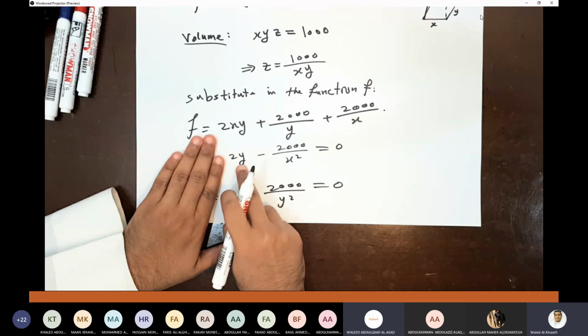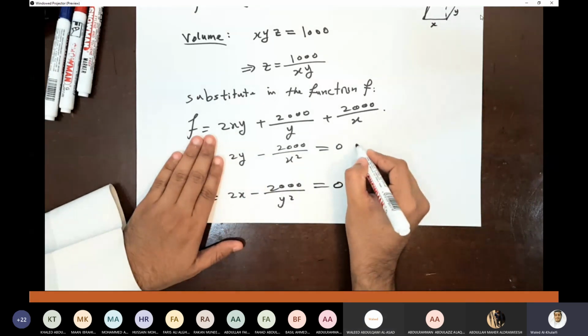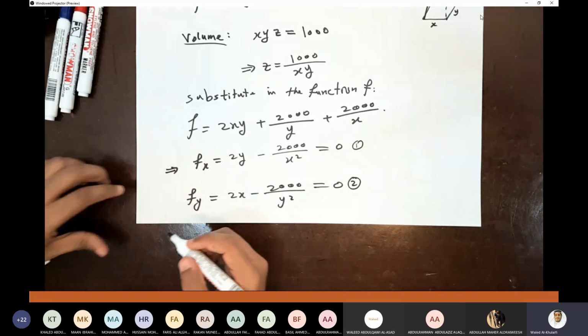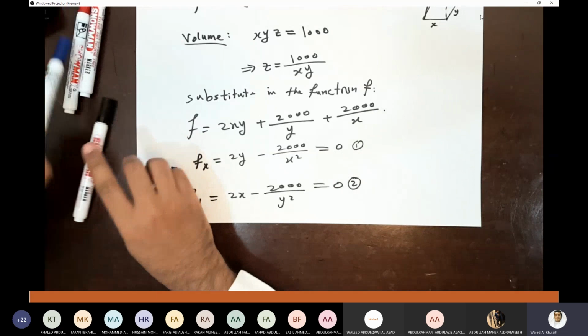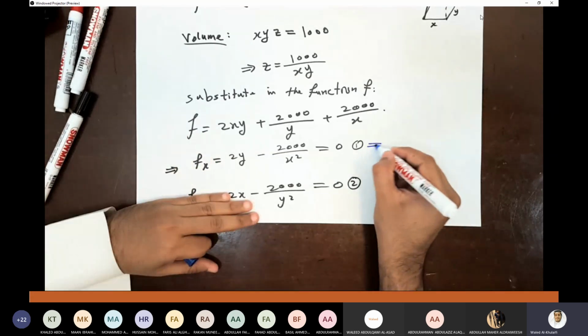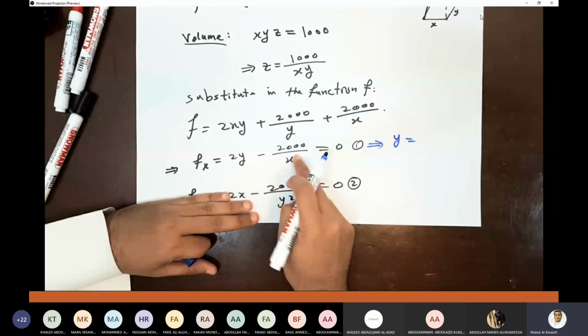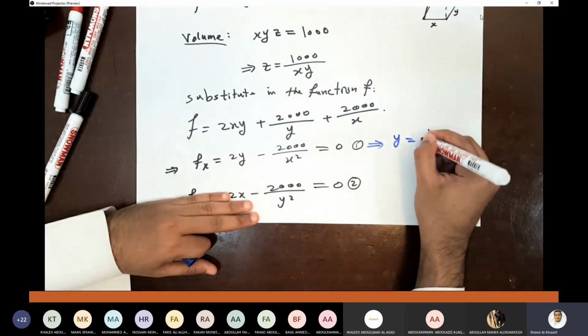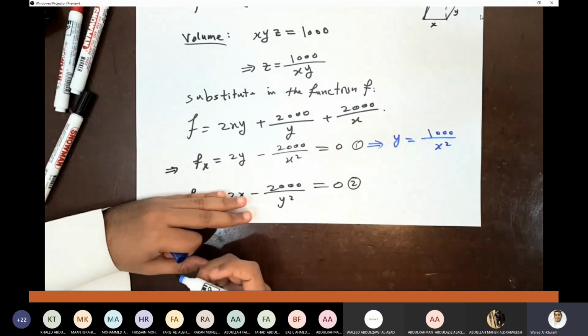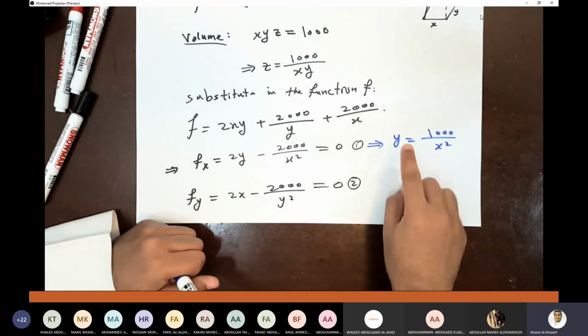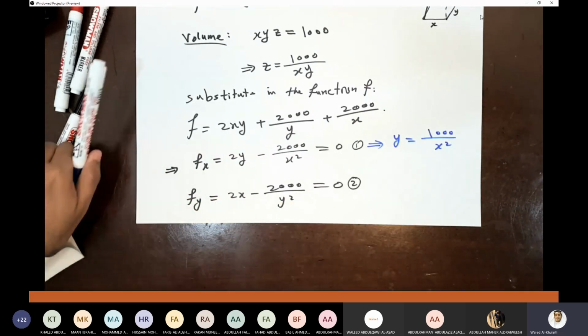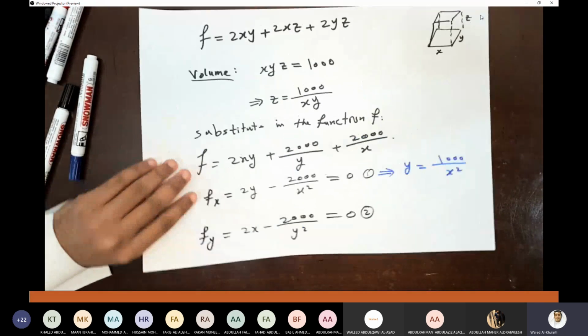So for example, from here, this is equation 1 and 2. From equation 1, y equals, you divide by 2, so we have 1000 over x squared, right? So substitute this guy here.